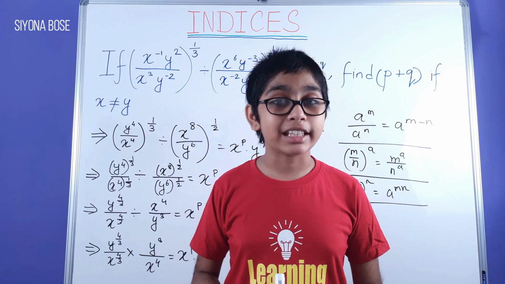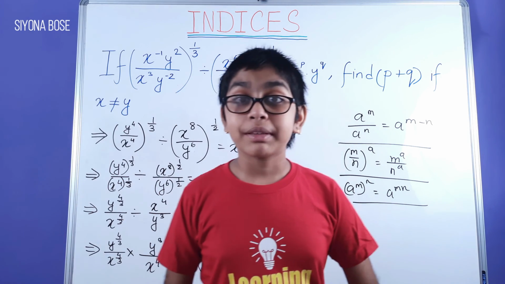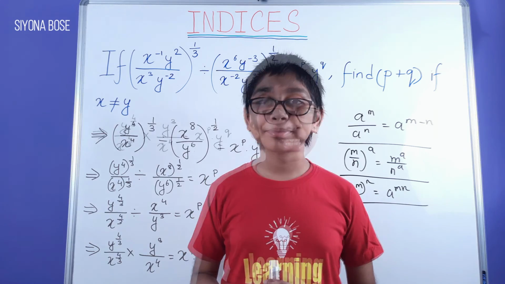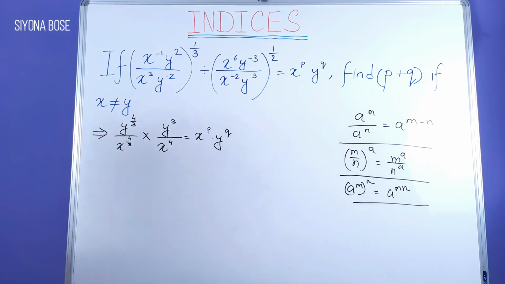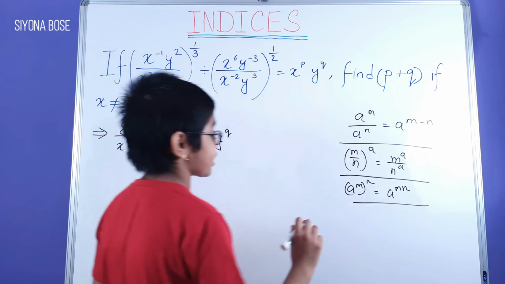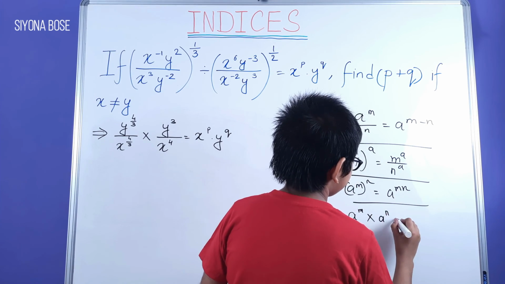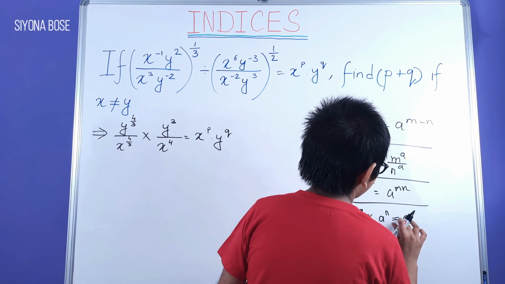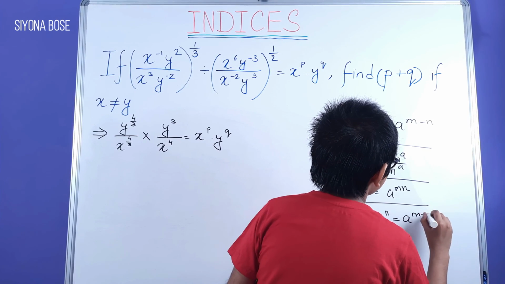Now we may take a look at the board. We will carry on with the rest of our sum, picking up from where we left off. We have to refer to another formula: h to the power of m into h to the power of n is equal to h to the power of m plus n.